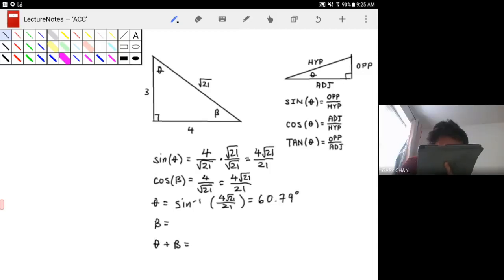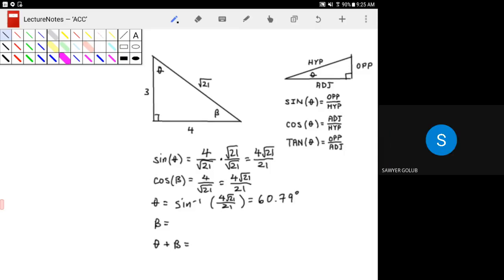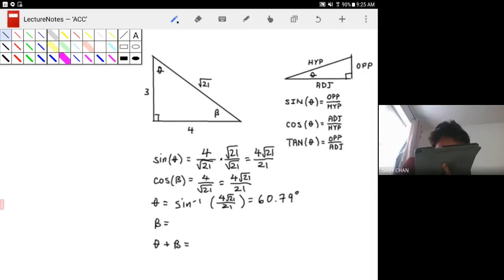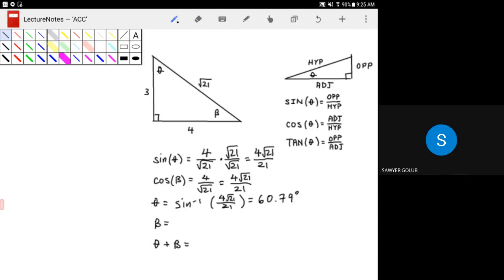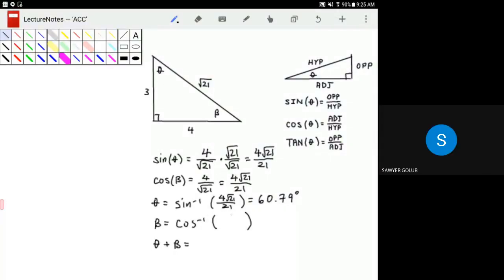Sawyer, can you tell us what beta is? It's 29.21. I totally agree. How did you arrive at that? I used the opposite, arc cosine. I did arc cosine of 4 over the square root of 21, divided by 21, and that is equal to 29.21.